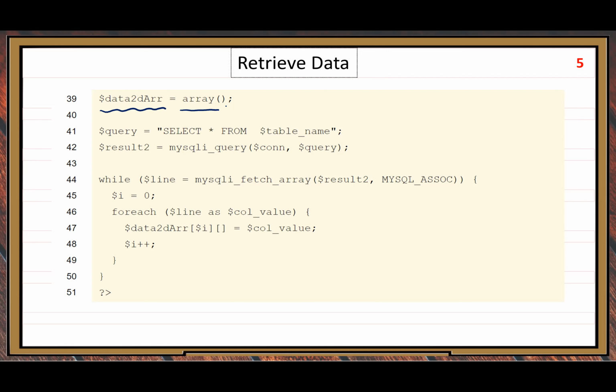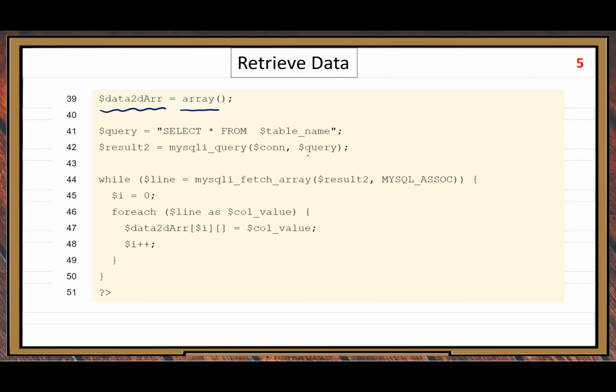It's a 1D array, but each element is another 1D array. That's the way we make a 2D array. From outside you see a 1D array, but when you get into individual elements, each one is another 1D array. That's the 2D array.